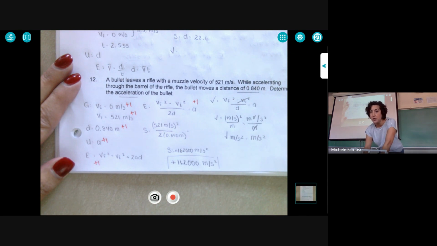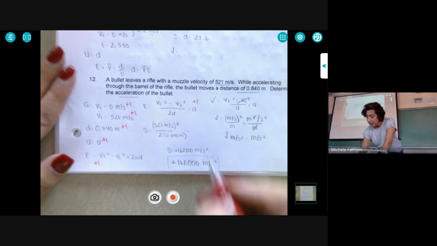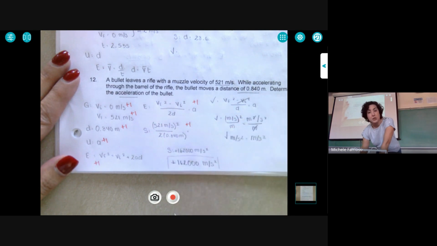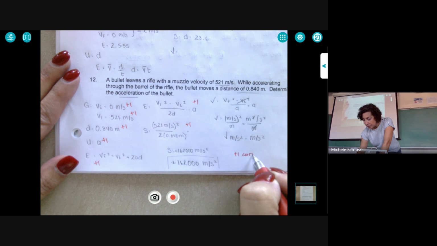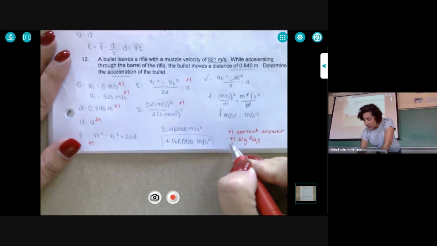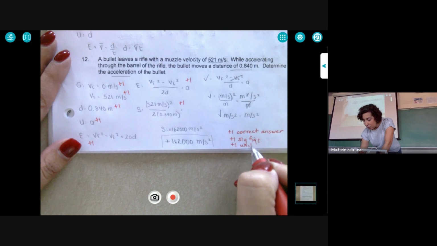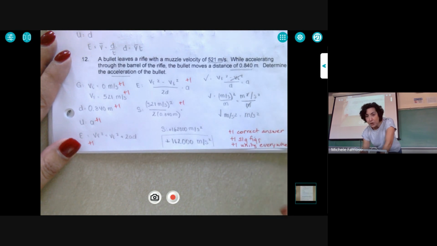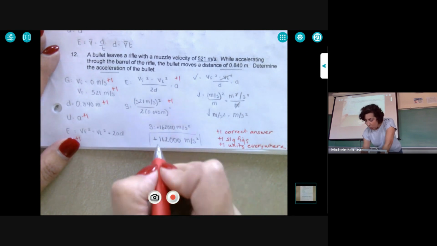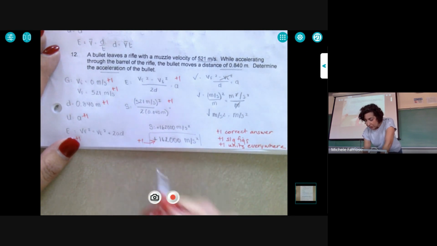So 1, 2, 3, 4, 5, 6 points already. 1 point for the correct substitution. 1 point for the correct answer. 1 point for the correct sig figs on the answer. 1 point for having units everywhere. So 1 missing unit costs you that point. 1 point for the direction on that acceleration because it's a vector.